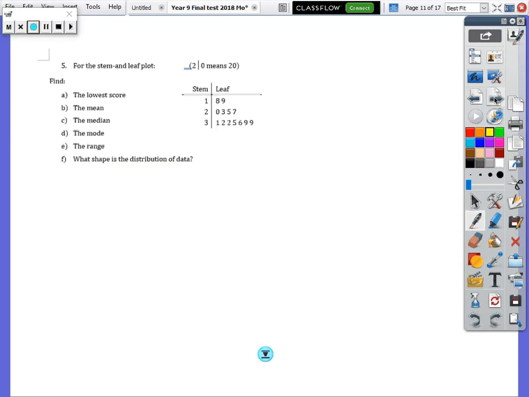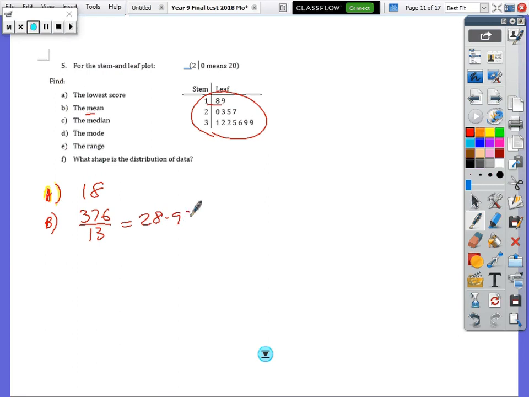Okay, next question, stem and leaf, find the lowest scores. This is pretty straightforward. Check the colours. The lowest score is 18. The mean is add up all those numbers and it added up to 376 and then 13 numbers, so 28.92 to 2 decimal places, or you could put 28.9.